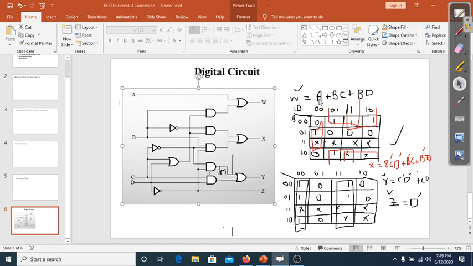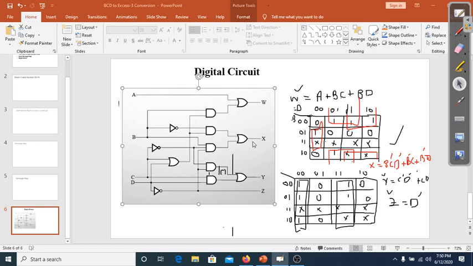So W is equal to A plus BC plus BD. Here it is equal to A. From this AND gate I will get B into C plus D, so I will get BC plus BD.